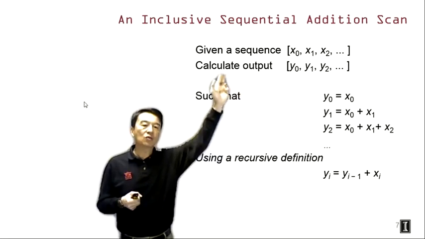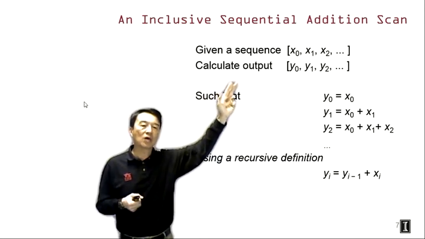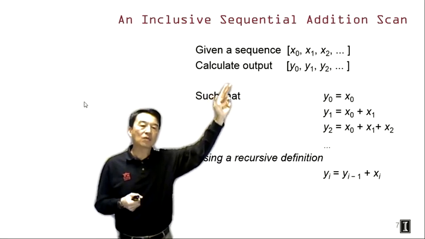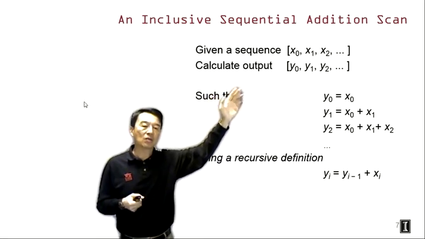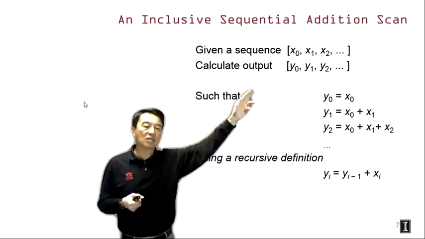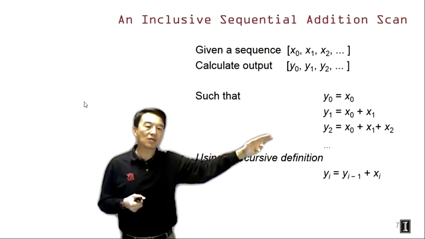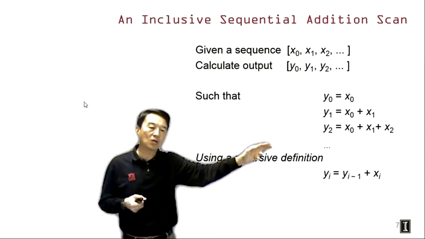So we essentially have a requirement where we're given a sequence x0, x1 through xn-1, and we want to calculate an output, which is y0, y1, y2, through yn-1, such that y0 is the same as x0, y1 is x0 plus x1, y2 is x0 plus x1 plus x2, and yn-1 is x0 plus x1 plus x2 all the way through xn-1.